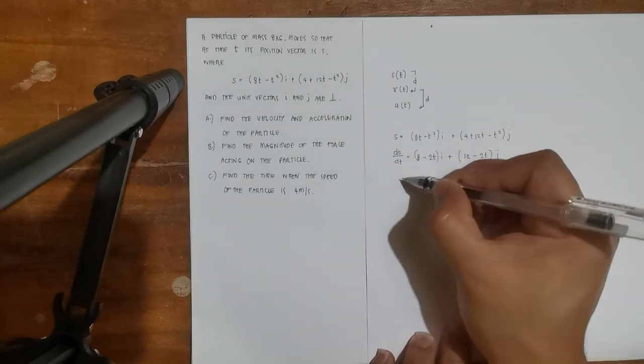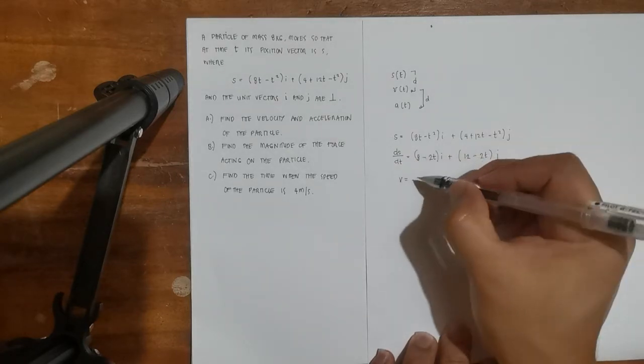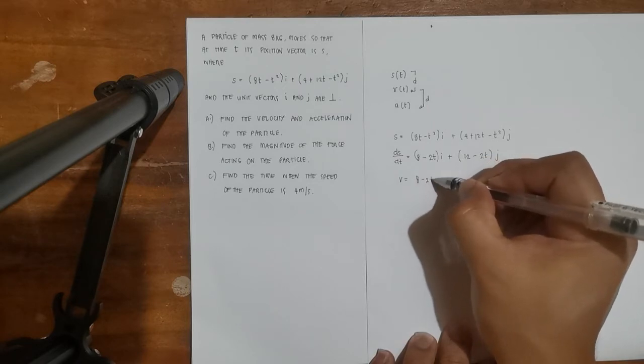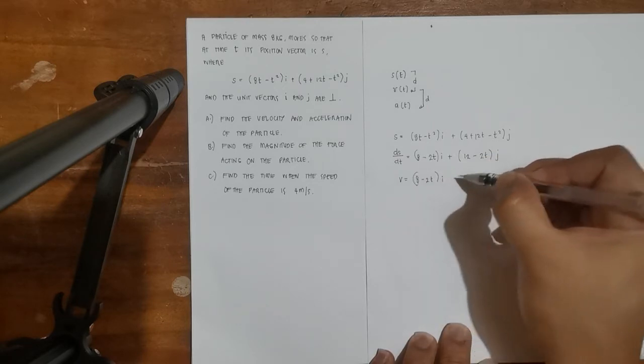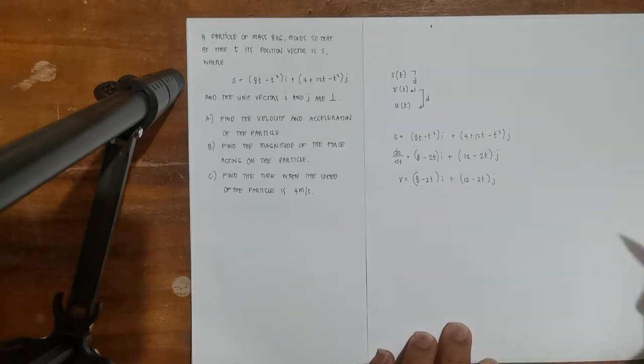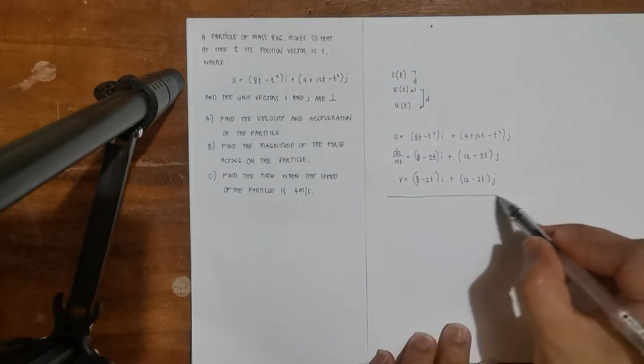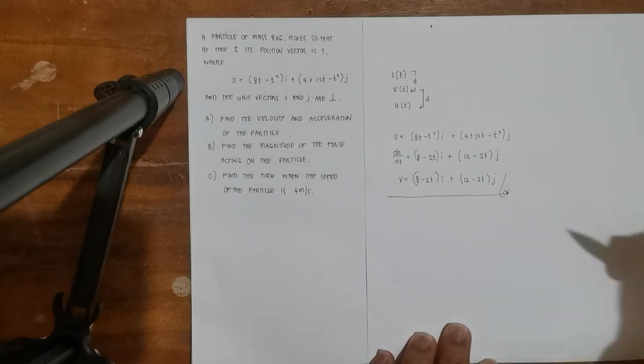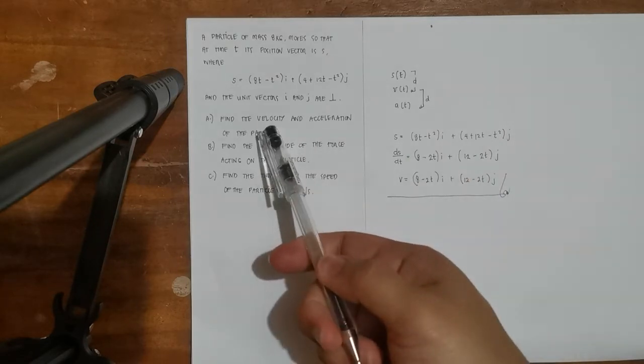And ds over dt, that is our velocity. That is (8 minus 2t) i plus (12 minus 2t) j. And that will be our first requirement, the velocity.